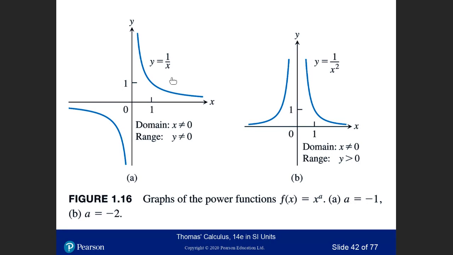And when x is negative, you have this piece. It's not defined at 0. And as x grows to infinity, it approaches 0. And that's y is equal to 1 over x squared. That's how we have it. So again, this is not defined at x equal to 0.